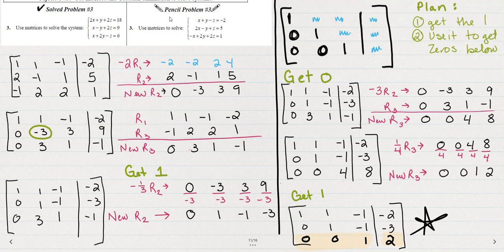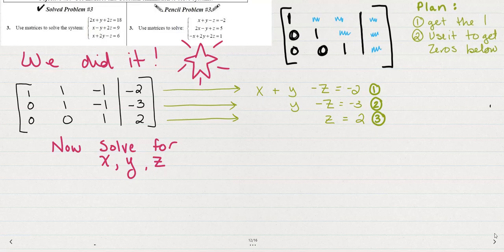But the problem hasn't been answered, because the question was asking us to use the matrices to solve. So we did it, we met the goal. But now, to solve for x, y, and z, we're going to transfer this matrix back to a system.